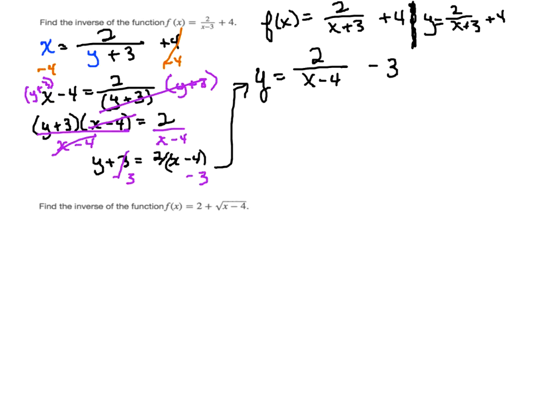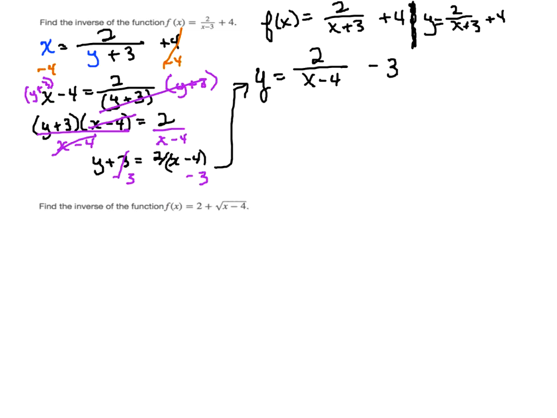Because that x minus 4 is an entire unit, so that minus 3 is out to the side. I really should compose these both ways just to verify that I've done it correctly. For the sake of time and room on the board, I'll skip that step.